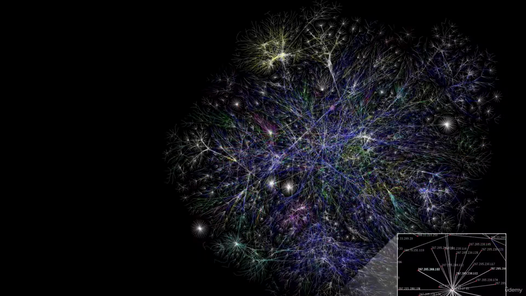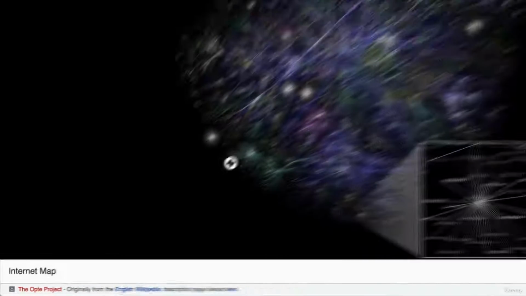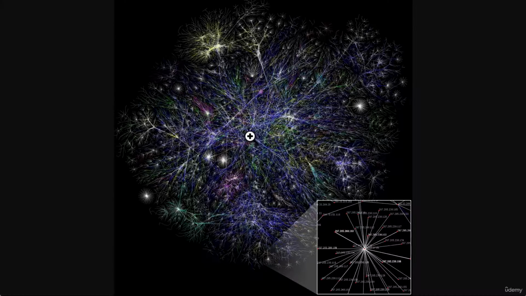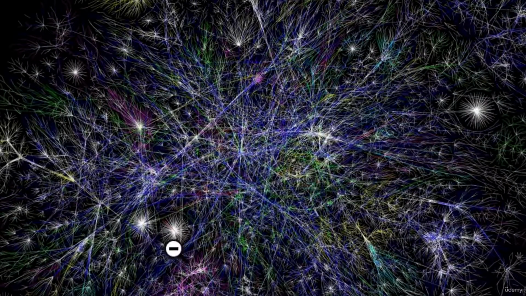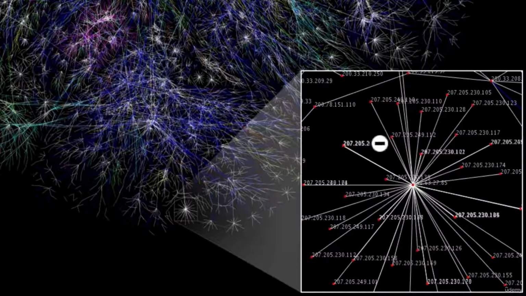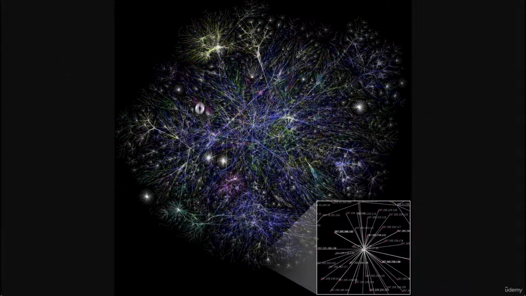And just to show you how insane this is, somebody from the Opte project, I got this off of Wikipedia, mapped out, I believe in 2015, just 30% of the network. Each one of these dots is an IP address, so a computer that is connected to another computer that is connected to another computer. And that's the internet: all these connected computers just transferring files between each other.